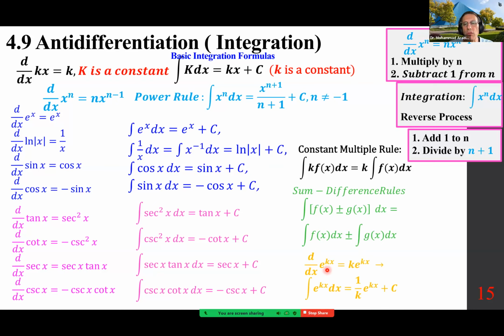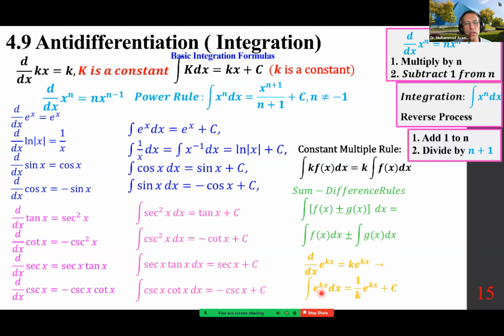The derivative of e to the power of kx, we multiply it by k, and we write the same thing. The integral, we are going to go with the reverse process. We're going to divide by k. And if you differentiate that, you'll see that you get e to the power of kx. So those are some of the formulas, and we are going to look at examples to make some sense out of it.